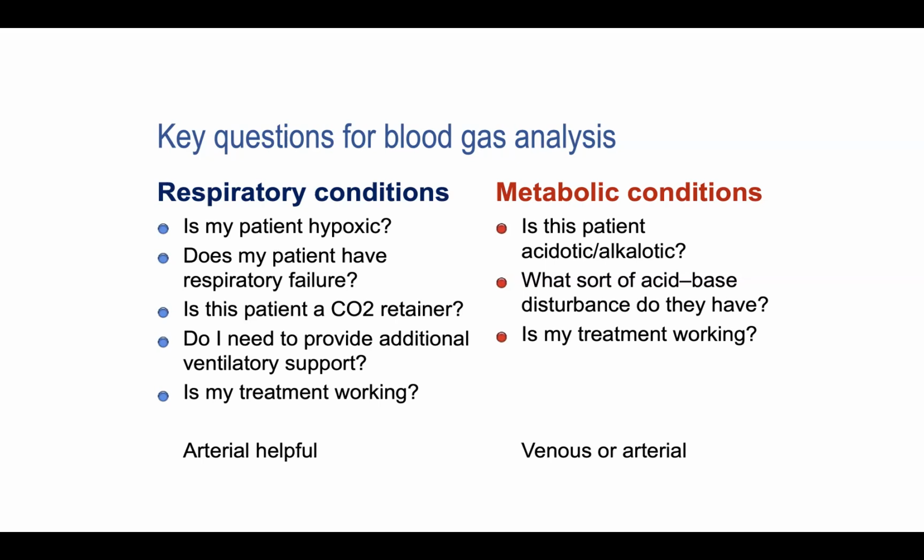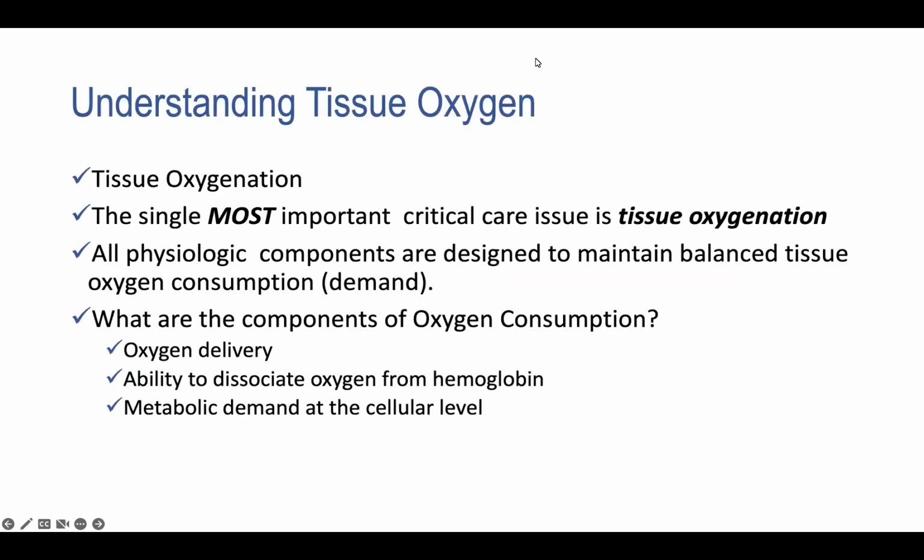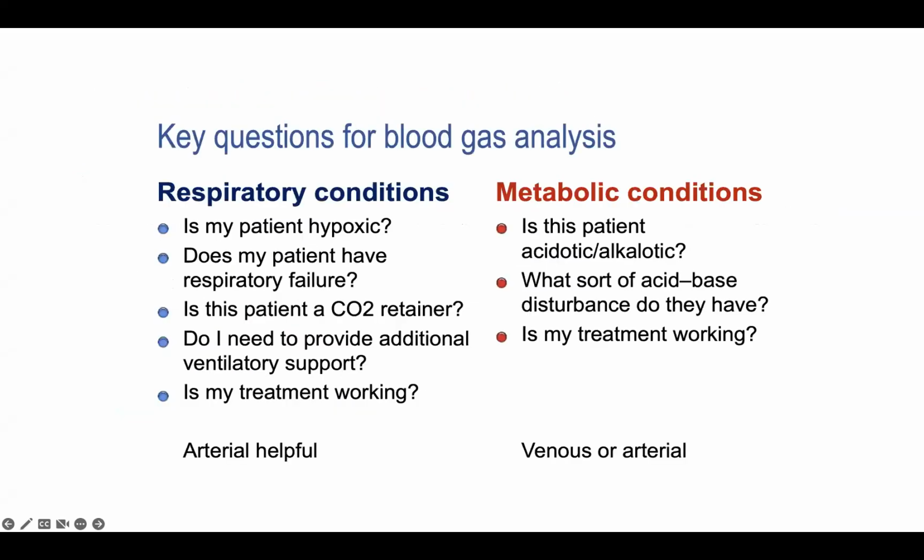Do we have concerns with ventilation, with respiratory conditions? Ventilation and respiratory conditions. Sorry, whenever I let someone in, it always flips ahead. So ventilation, respiratory conditions really are most easily determined by looking at the arterial blood gas. Does my patient have lung hypoxia?